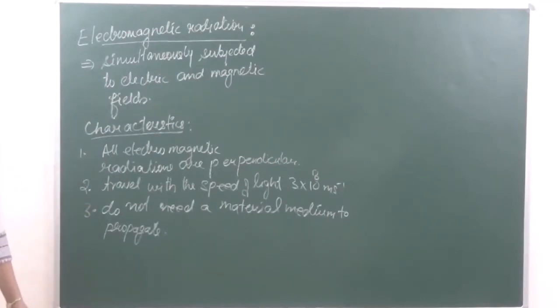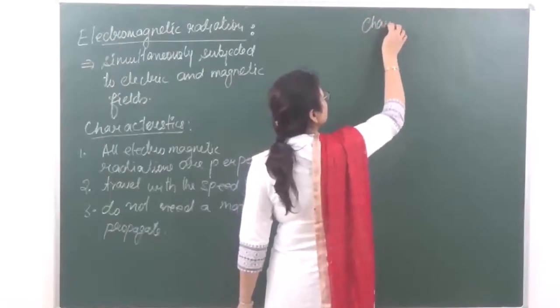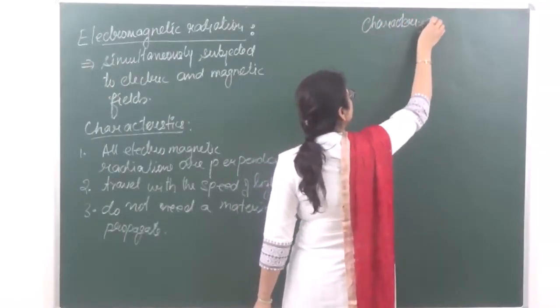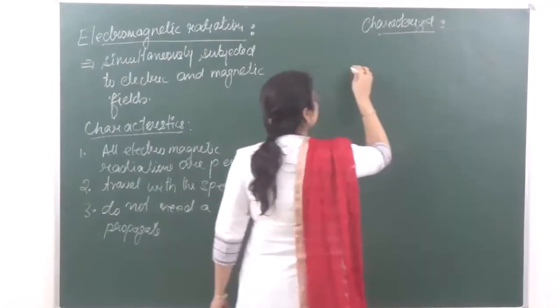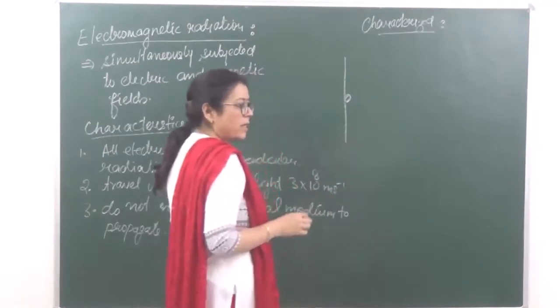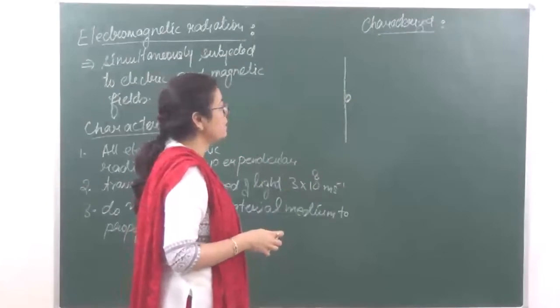When we are talking of any electromagnetic wave, they are characterized by the following measurements. Let's say this is one fixed point, or we can say that this is the source of electromagnetic radiation.